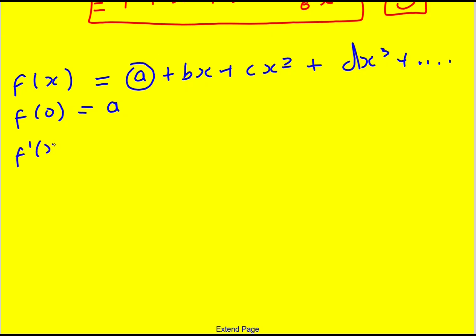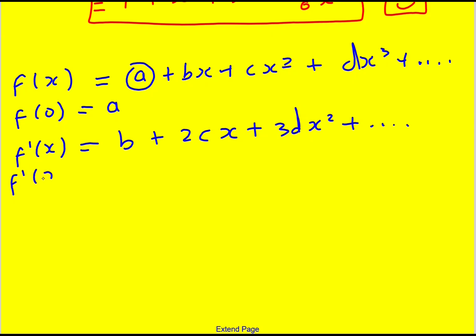Now let's find the derivative. Then I'm going to get b plus 2cx plus 3dx squared, etc. Now let's find out f dash 0. So that is going to equal just b, because all the other terms disappear.